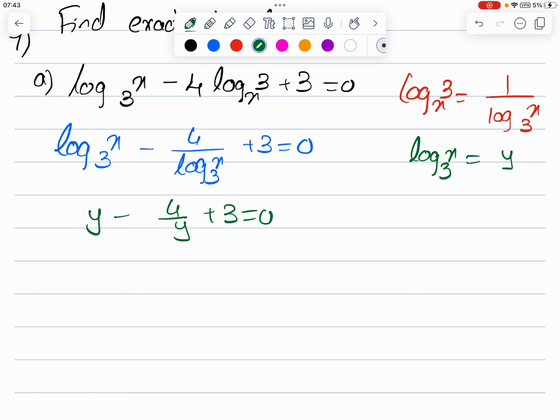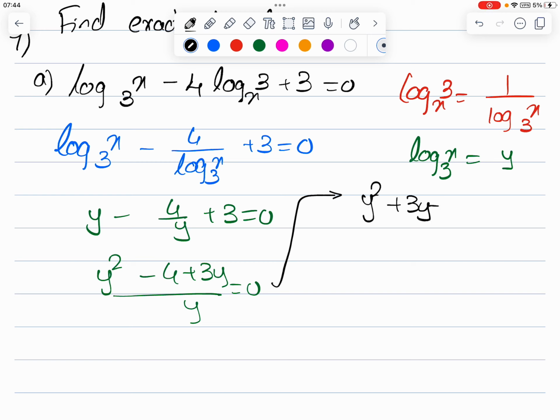So you will be able to get a quadratic over there. So it becomes y^2 minus 4 plus 3y upon y equals 0. So what does that become from there? y^2 plus 3y minus 4 equals 0. So factorize it out. (y plus 4)(y minus 1) equals 0. So y equals negative 4 or y equals 1.